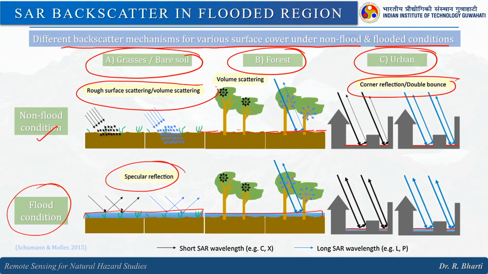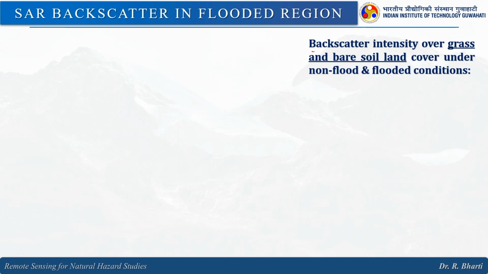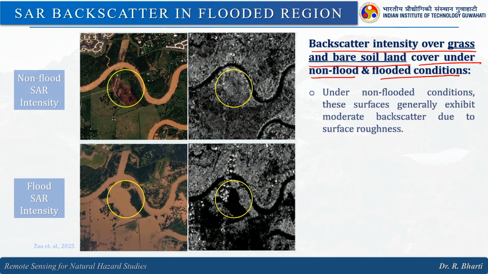So, different scattering mechanisms are responsible here with different types of structure. I hope you have understood this particular concept. Backscattering intensity over grass and bare soil land cover under non-flood and flooded conditions is represented here.